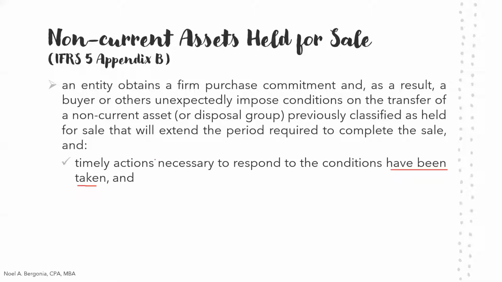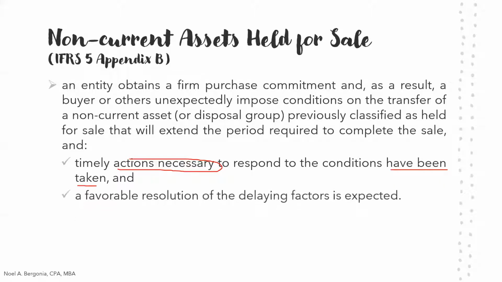So ayun, may actions naman na dapat na nagagawa to fulfill that condition, and favorable resolution of the delaying factor is expected. Okay? So yan lang naman yung mga items din na nababanggit under Appendix B, which would cause the exceptions for the 1-year requirement.